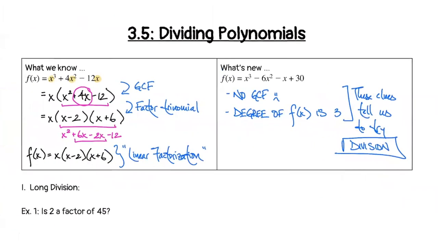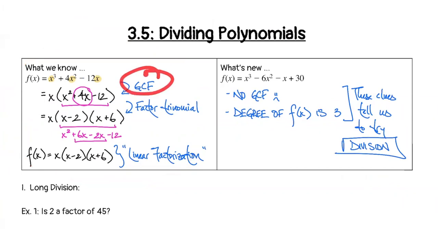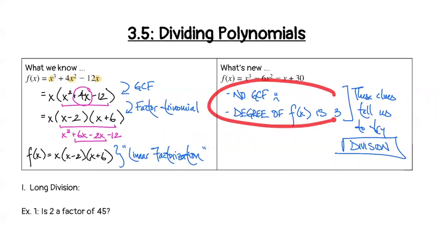And so if we look at these two side by side, we had one case where we did have a greatest common factor. If there's a greatest common factor, go with it. Take that greatest common factor out, factor out whatever is left to get to your linear factorization. However, what we're going to learn in this section is what to do when there's no greatest common factor and the degree is higher than 3.